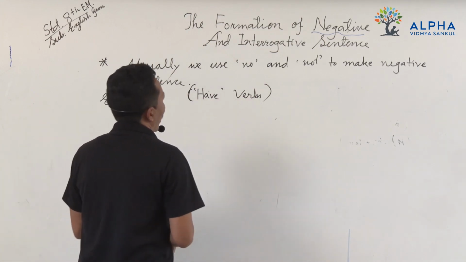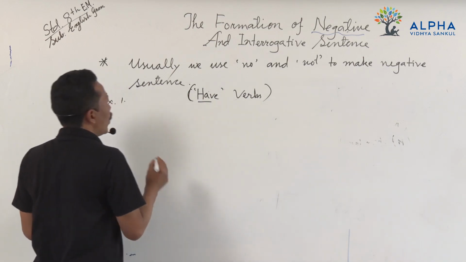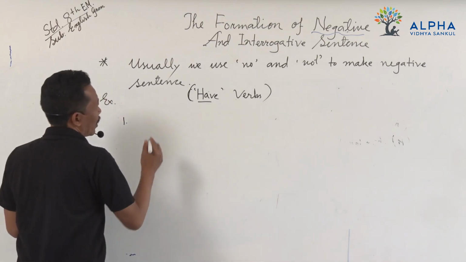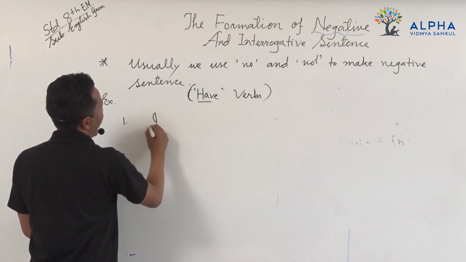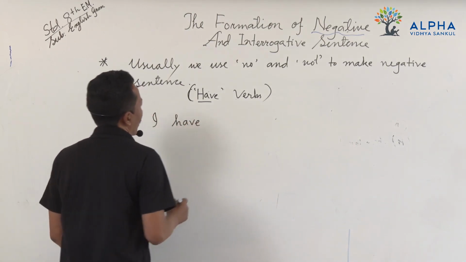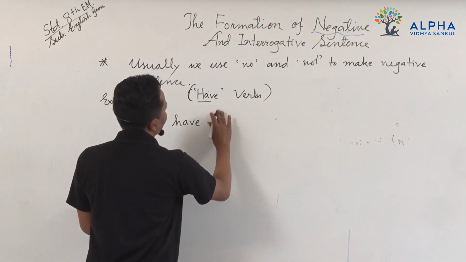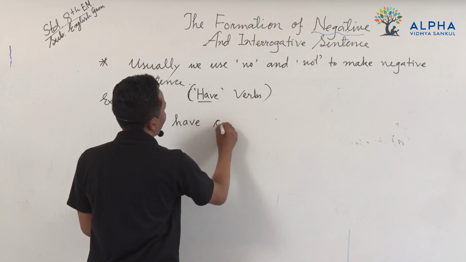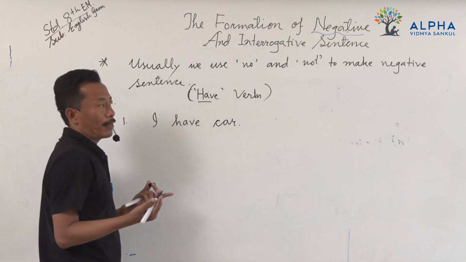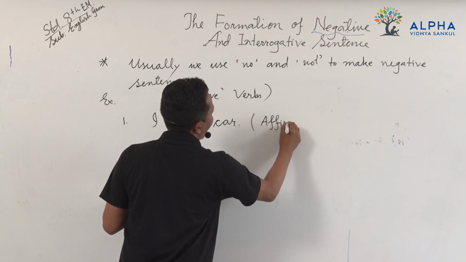See, if the have verb is used as a main verb, that time we have two ways. Now you know that here I can say: I have a car. Then this is affirmative.